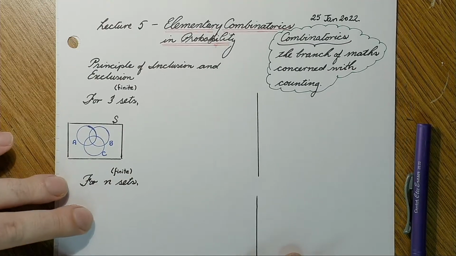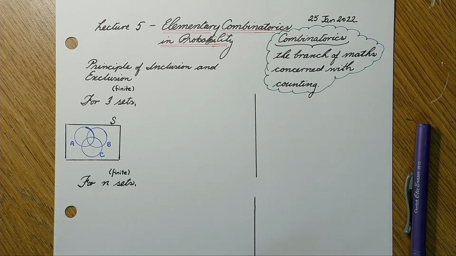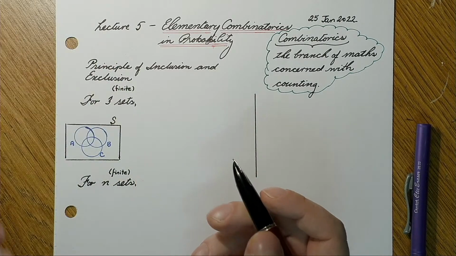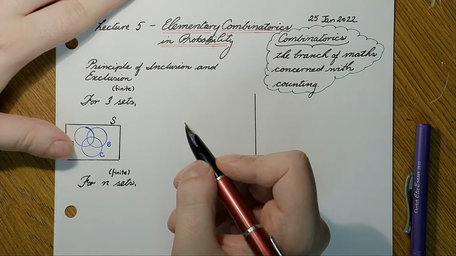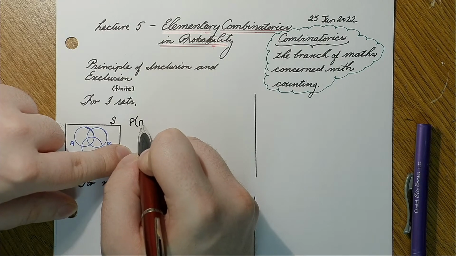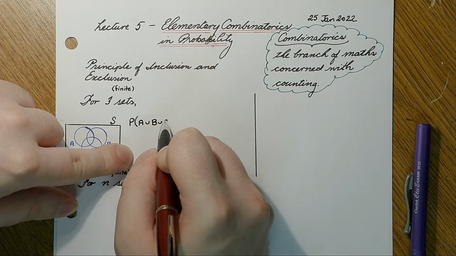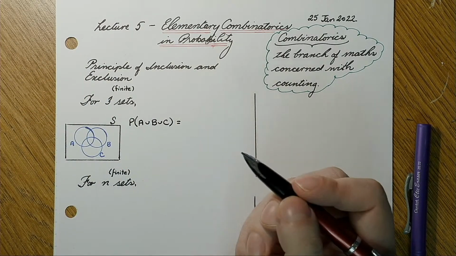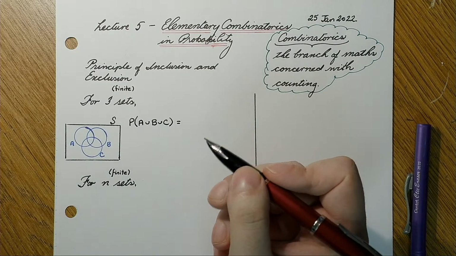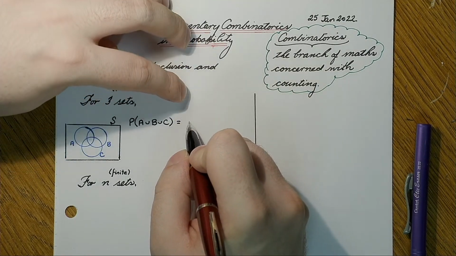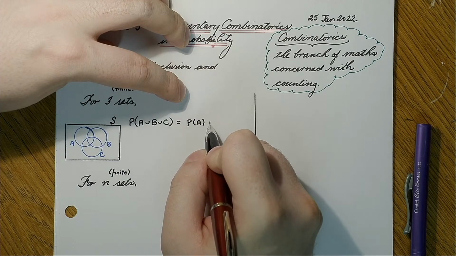Then, starting the set for lecture 5, we have the principle of inclusion and exclusion, and that's for 3 sets. So for 3 sets, I want the probability that it's A union B union C. So in this case, we sum up all the probabilities in all the sets.